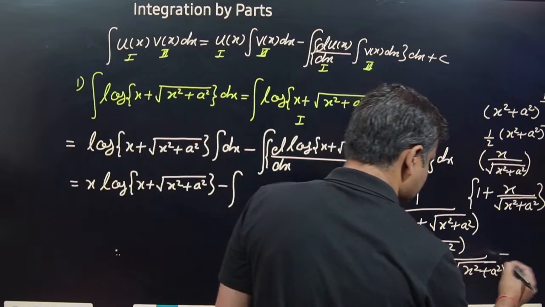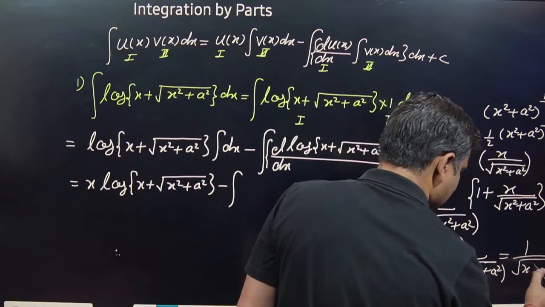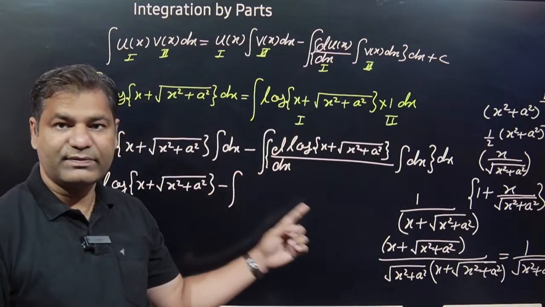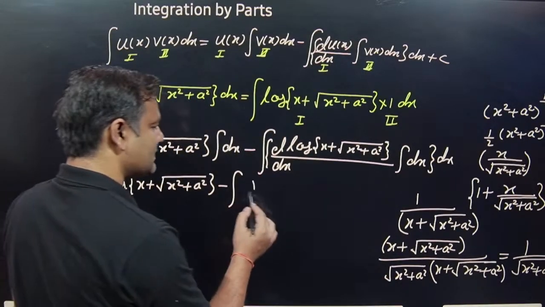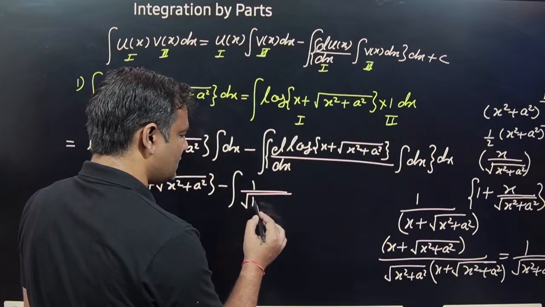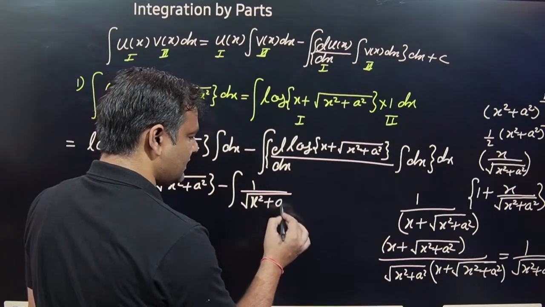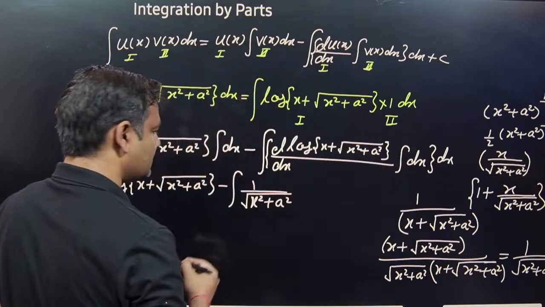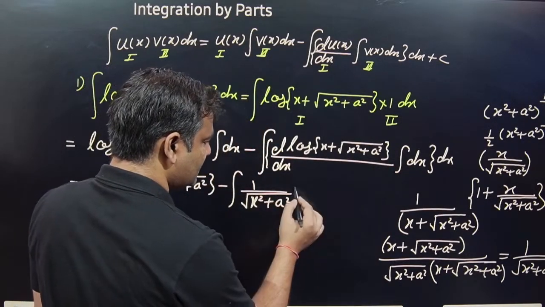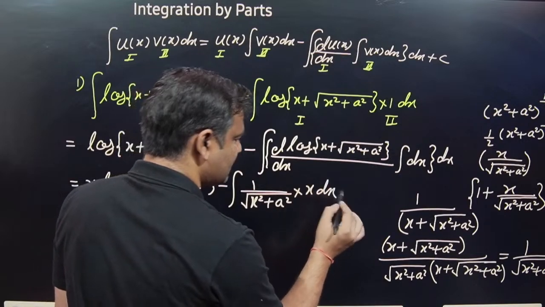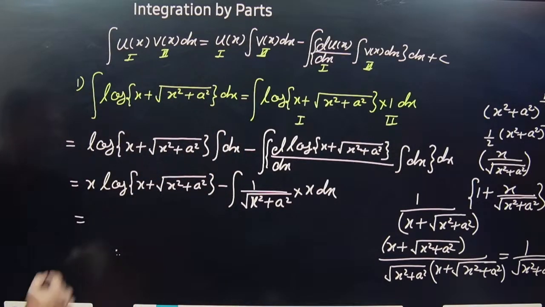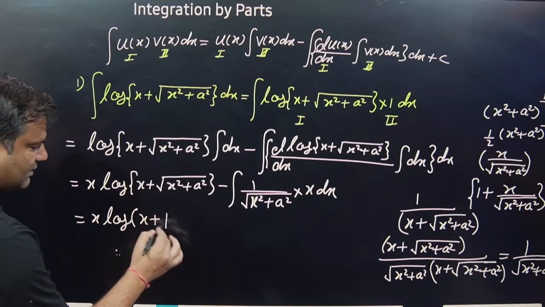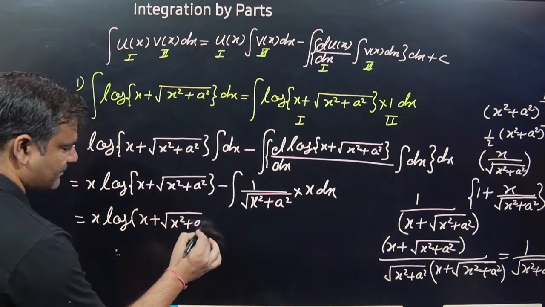So finally we get 1 upon under root x square plus a square. Clear? So basically if we differentiate, we get 1 upon under root x square plus a square into integration of 1 dx, simply x, so into x dx. Now look here, this is written as x into log of x plus under root x square plus a square.